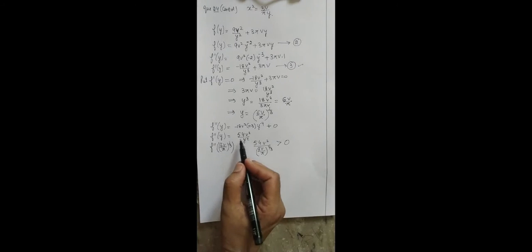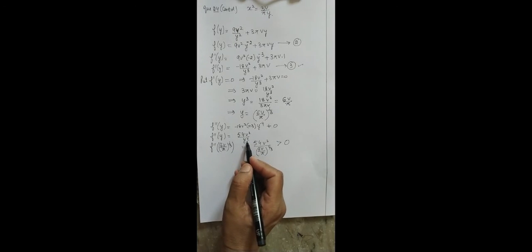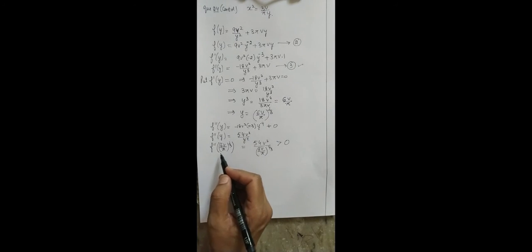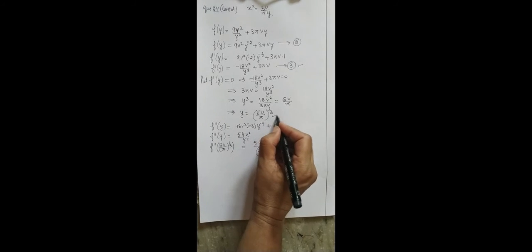So this becomes 54v square upon y raised to power 4. Now I will find the double derivative at the point where y is equal to 6v upon pi raised to power 1 by 3. So simply substituting the value of y. So clearly this is a positive quantity.